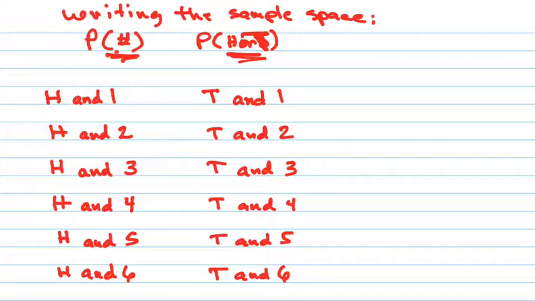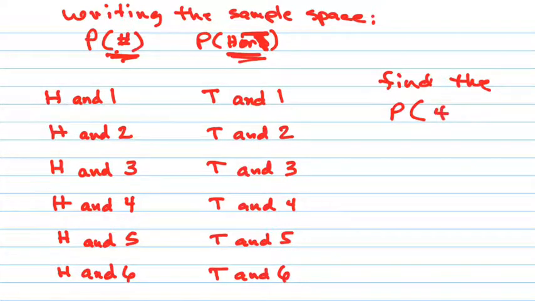Now, what we can do with the sample space is find the probability of, what were we looking for? 4 and tails.